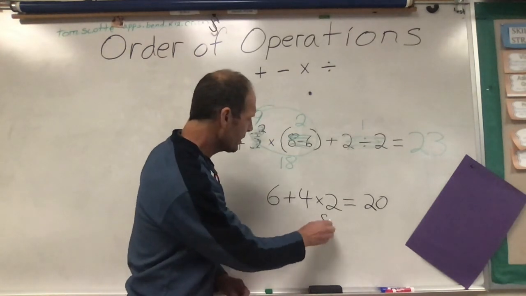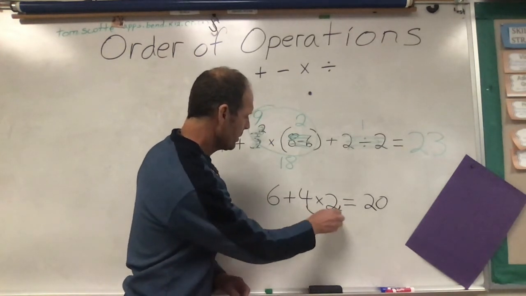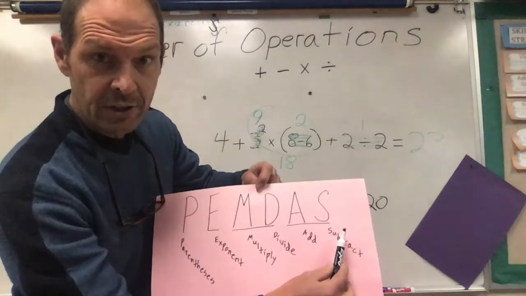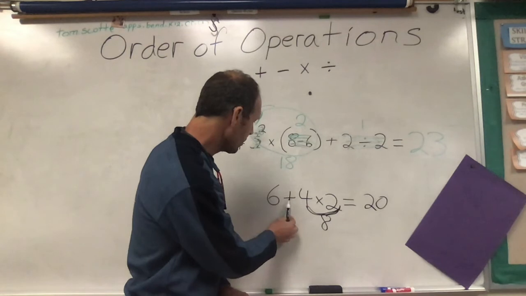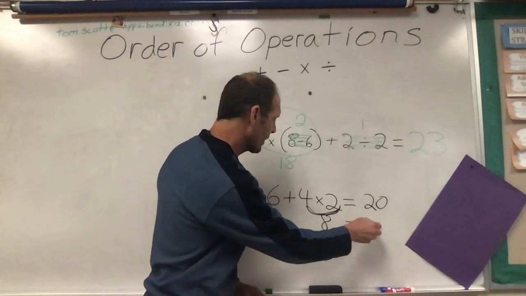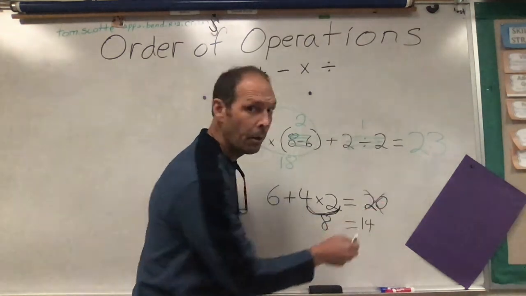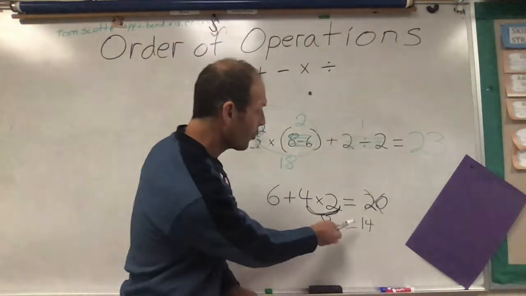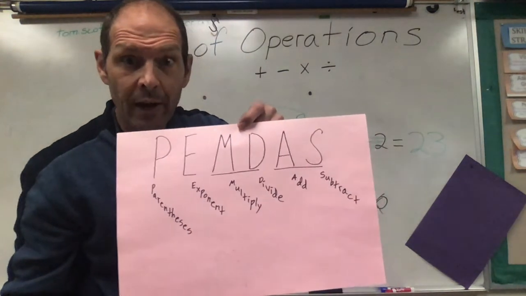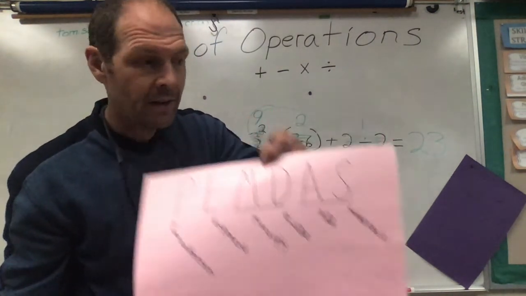Well, that's 8. So 4 times 2 is 8. And now I have to do any addition and subtraction. 6 plus 8 is 14. And that, my friends, is the correct answer to this problem because you've used the correct order of operations.